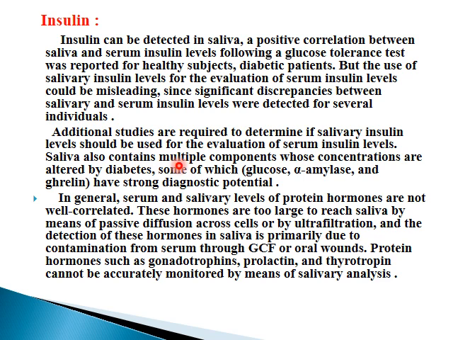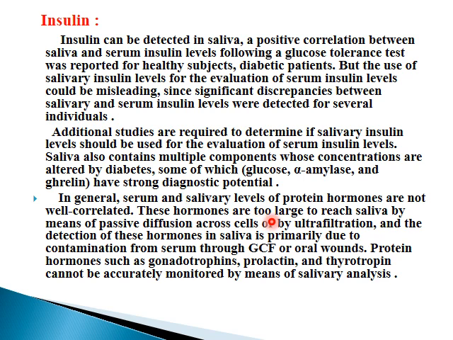Saliva also contains multiple components whose concentrations are altered by diabetes, some of which, glucose, alpha amylase, and ghrelin, have strong diagnostic potential. In general, serum and salivary levels of protein hormones are not well correlated.